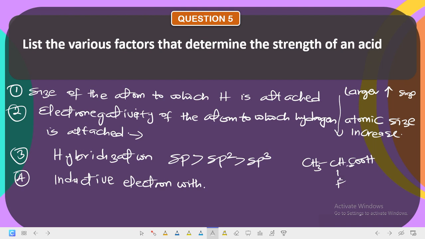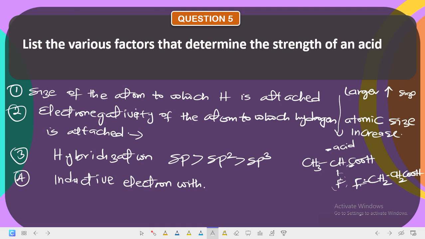Fluorine is electron withdrawing, so its presence here will increase the acidity, and the closer it is to the COOH, the more the effect will be felt by the COOH. So if I give you a compound like, let's say, CH2 and fluorine, and then CH2COOH, you agree with me that this compound here will be more what? Acidic. Why? Because the fluorine is closer to the carboxylic acid than this fluorine. This fluorine is at the back. And the more electronegative the atom here is, the more acidic it is.